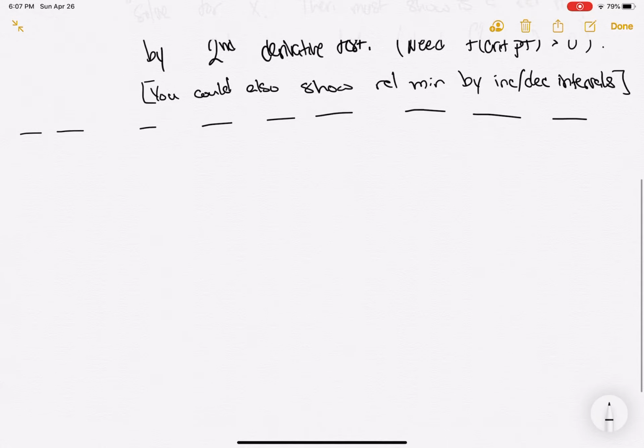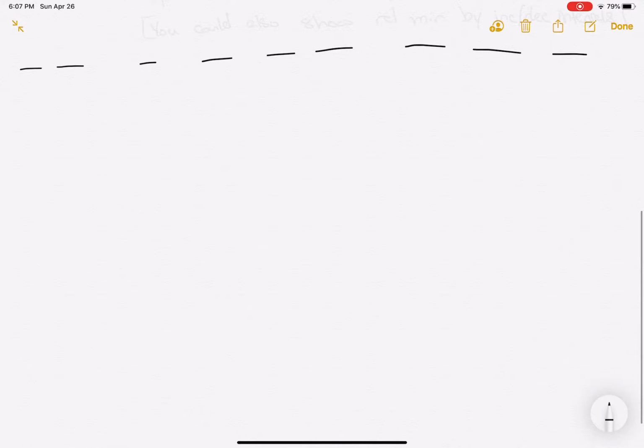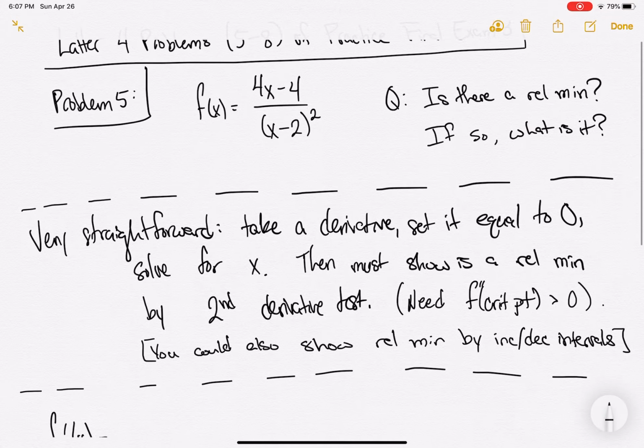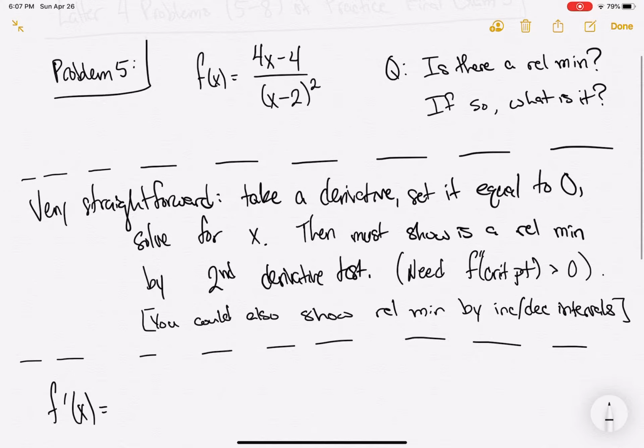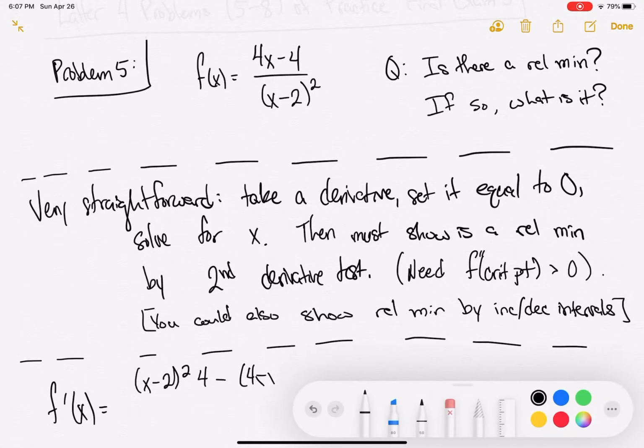So let's do this. Let's take a derivative. The derivative is for the most part straightforward. It's a quotient rule. So bottom d top is going to be 4 minus top, 4x minus 4. My bad.